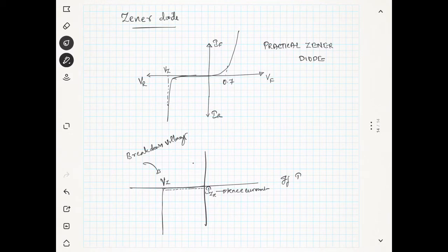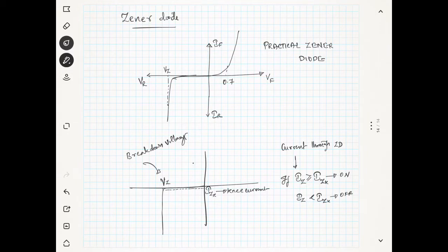That means if the current through the Zener diode, Iz, is greater than the knee current, you can say that the Zener diode is on. If Iz is less than Izk, we can say that the Zener diode is off.